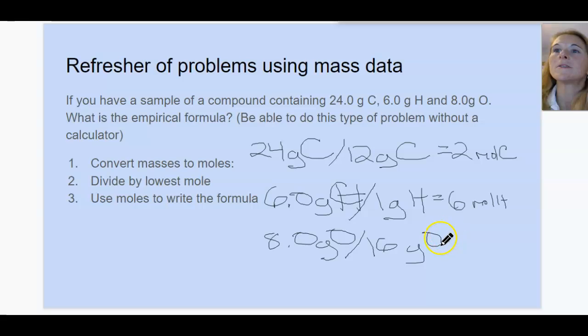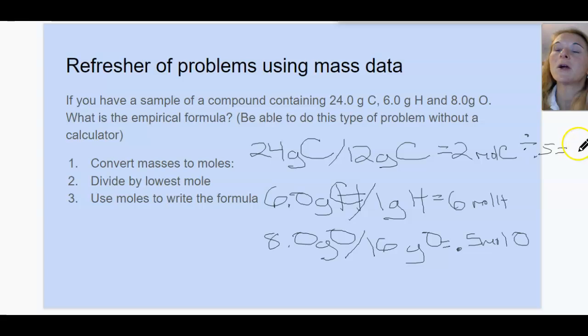And 8 divided by 16 is 0.5 moles of oxygen. Okay, now we are going to divide everything by the smallest molar amount, which is oxygen with 0.5. So we're going to divide everything by 0.5.